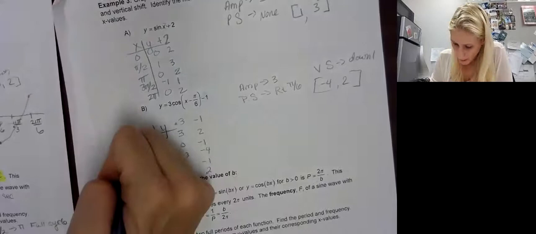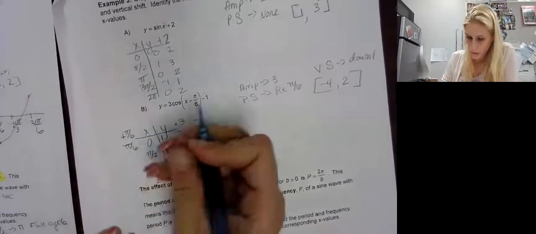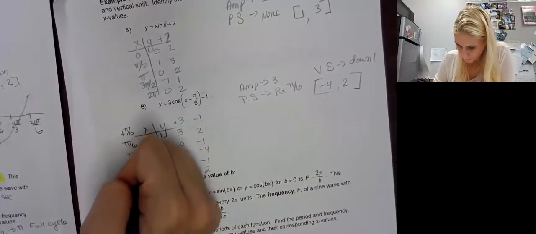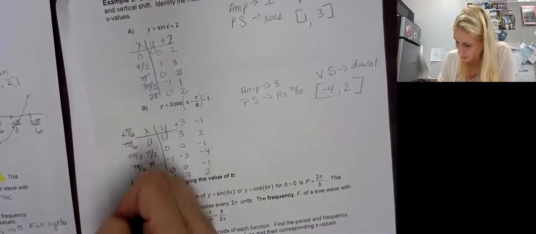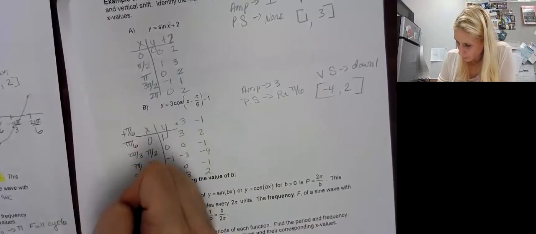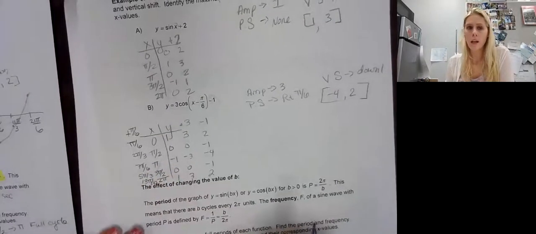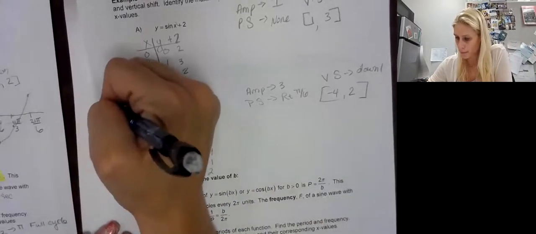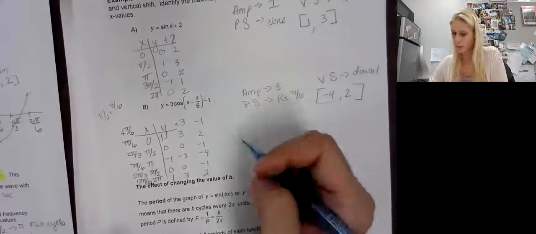Again, when you do your fractions, we get pi over 6, 2 pi over 3, 7 pi over 6, 5 pi over 3, and 13 pi over 6. Again, all I am doing on the side right there is saying, hey, pi over 2 plus pi over 6, common denominators, and reduce.